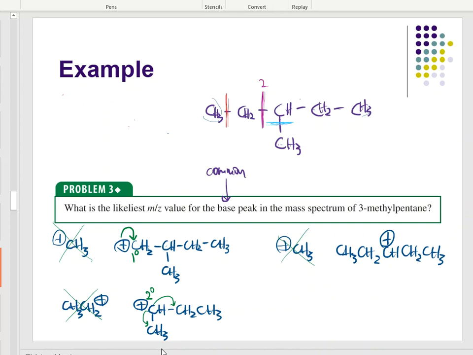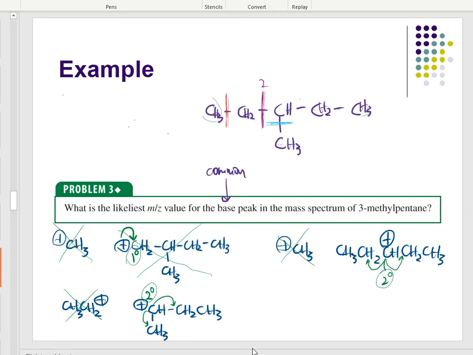My other choice, this carbon's attached to 1 here and to 1 there. This is a secondary carbocation. So out of the 3 choices that I have, I could probably rule out this one. And the reason is because this is a primary compared to a secondary that's here and a secondary that's there. So I'm narrowing the choices even more.